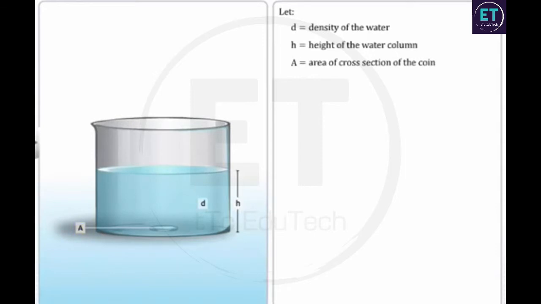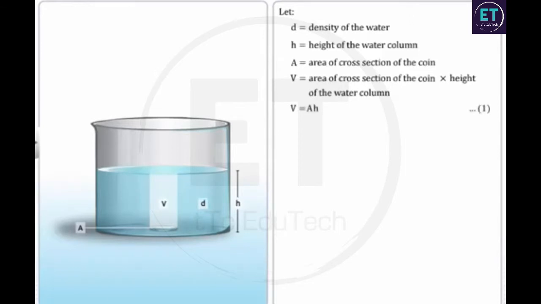The volume of the water column above the coin, V, is equal to the area of cross-section of the coin multiplied by the height of the water column. This gives us equation 1. Volume V is equal to A multiplied by H. The mass of the water in the column, M, is the product of the volume of the water and its density.